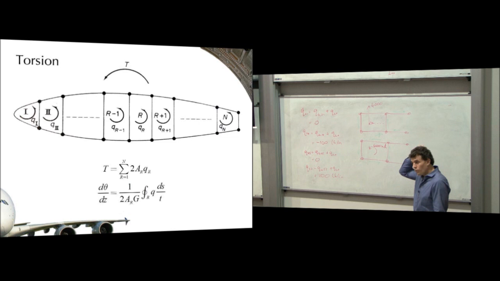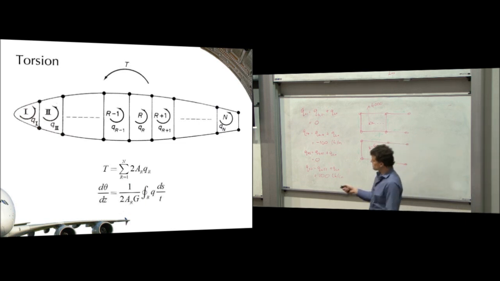So we end up with a few unknowns in this case because we know that the external torque is reacted by internal shear flows in each of the boxes. And because we've got n boxes, we can actually sum those up. So the external torque is equal to the sum of 2AQ, where this Q_R is all the little Q's inside, so Q1, Q2, Q3, etc. If we sum all of the areas times Q times 2 up, we end up with the external torque.